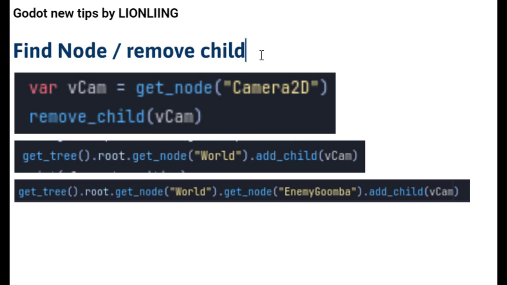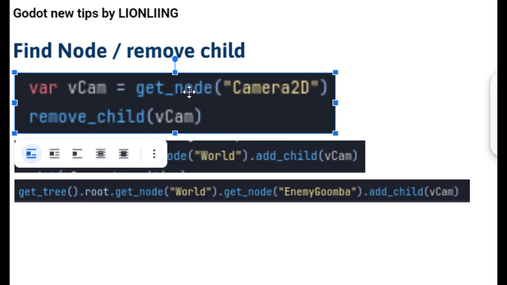Finding a node and removing a child would be like this. Variable vcam, I have a camera, I want to find it. It's in the player. Get node Camera2D, its name, and remove child vcam, which is this.